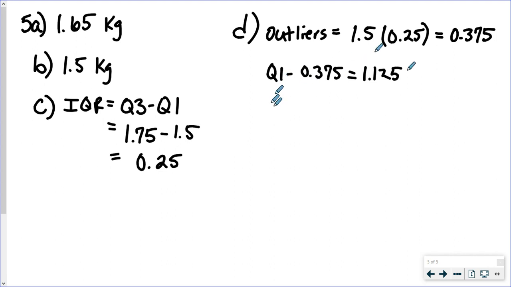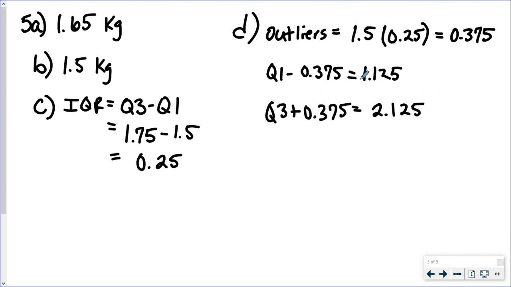And to be more than 1.5 of the IQR outside of it on the high end, that would be Q3 plus 0.375. So 1.75 plus 0.375, and that is 2.125.